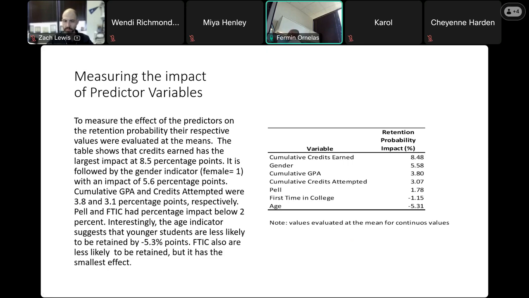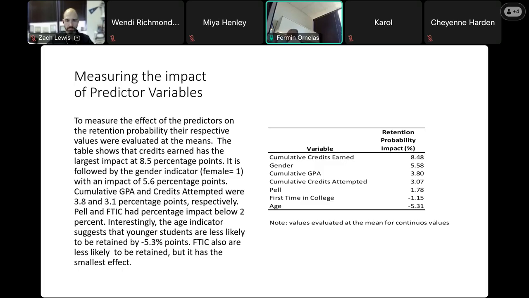Here, what we have calculated is the impact that each variable has on the outcome of interest, the outcome being whether a student is retained or not. So if we look here, we will see cumulative credits earned has about an 8.5 impact on the outcome. That means for every unit that the student earns, the impact on the probability of retention is 8.5%.